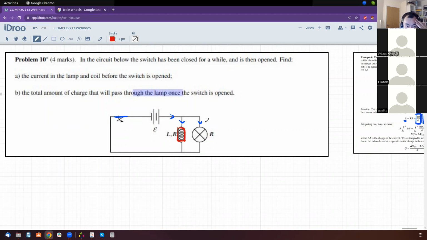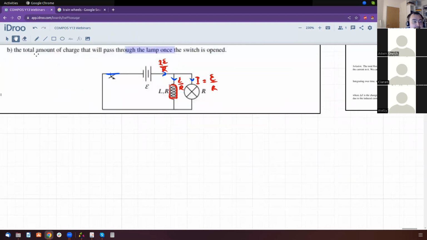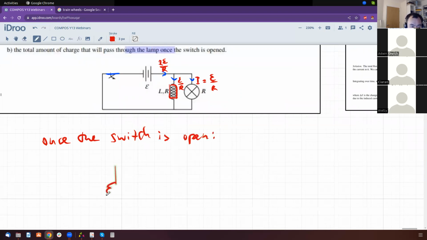So the current flowing here, I, is EMF divided by R. This is also EMF divided by R, and this is 2 EMF divided by R. Okay, so when the switch is open, so this part is disconnected, we have an inductor and a lamp.